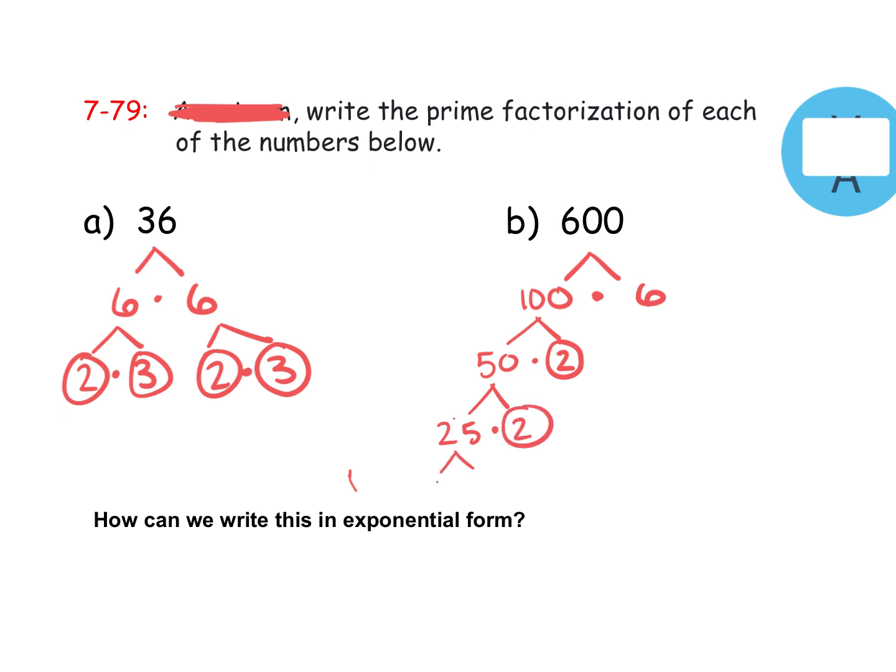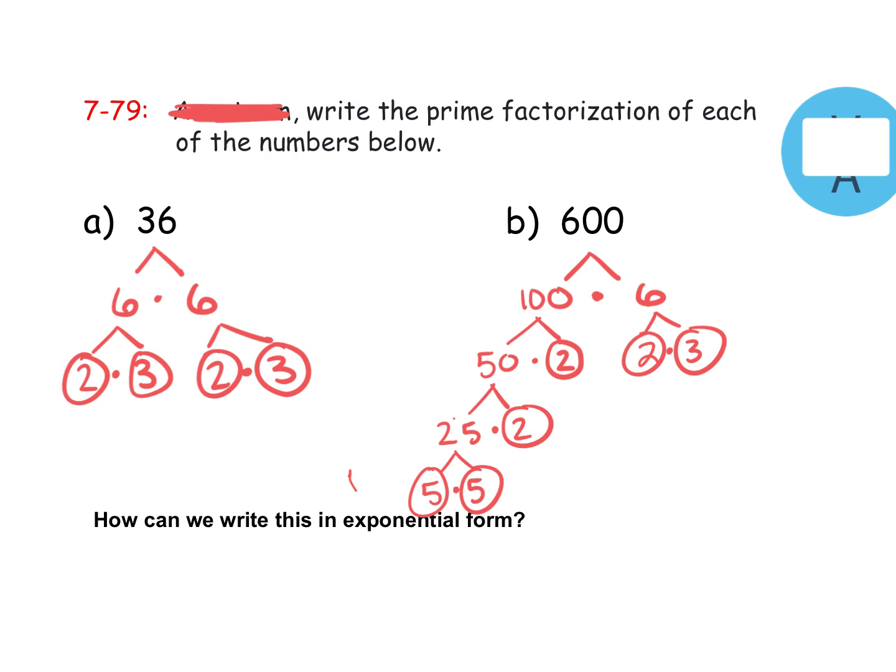For 25, I'm going to do 5 times 5. Both of those are prime. Then I can't forget that 6 up there. We can't stop until all our numbers are prime and circled. So the 6 will get a 2 times 3. Both of those are prime.